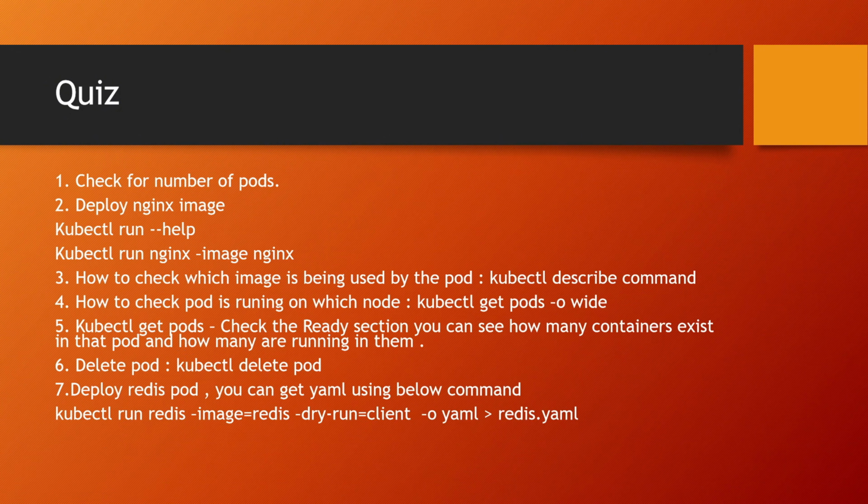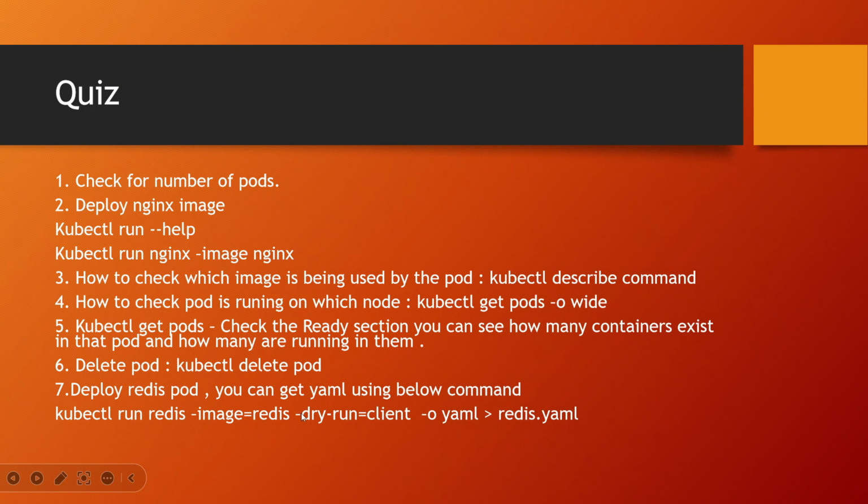But in case you don't want to write your YAML file from scratch, there is a single command also. Using the dry run client option, you can store its output inside a YAML file, and then you can apply this particular redis.yaml file. Dry run client will not actually create your pod.